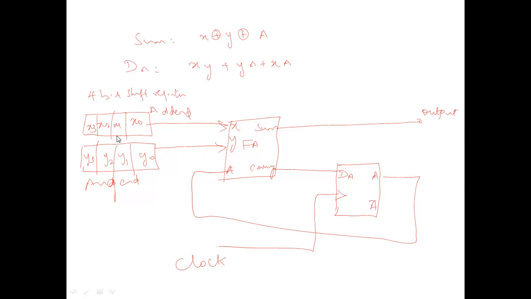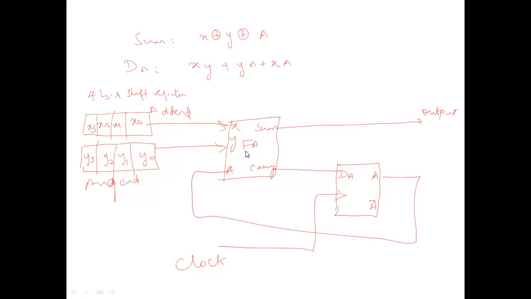So when X1 and Y1 are given to the full adder input, the previous carry we got from adding X0 and Y0 will be stored here, and that will be given to the carry input for the full adder. Okay, so this is the design of serial adder using Mealy machine model.